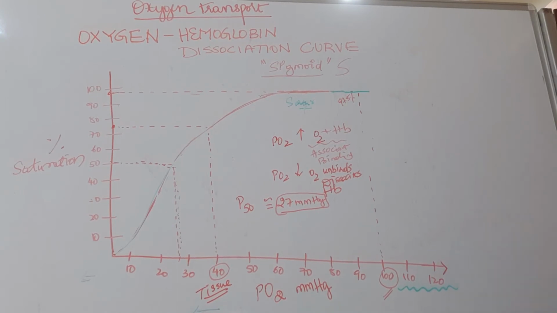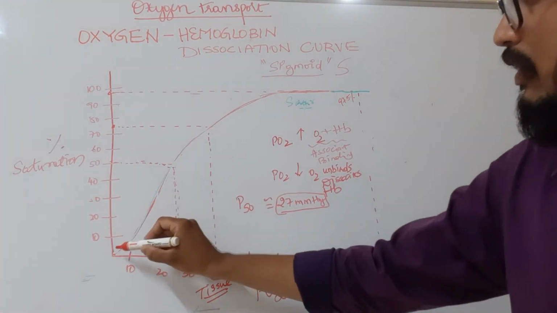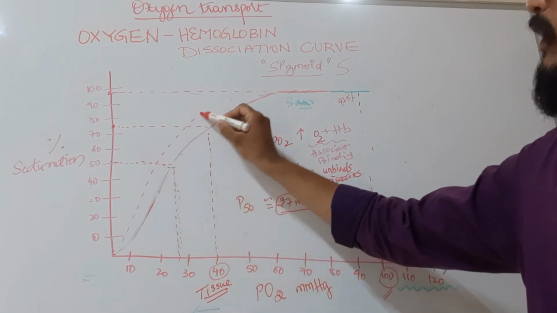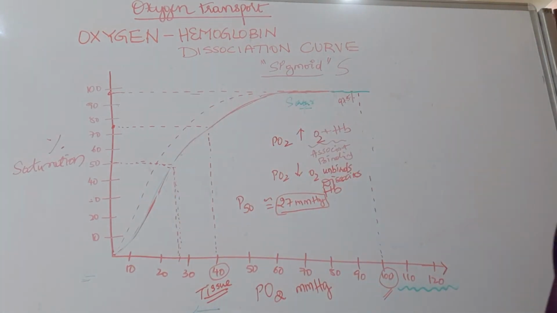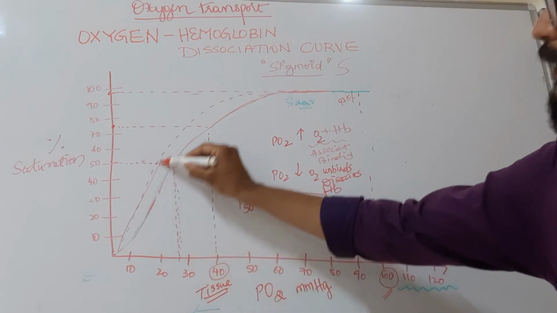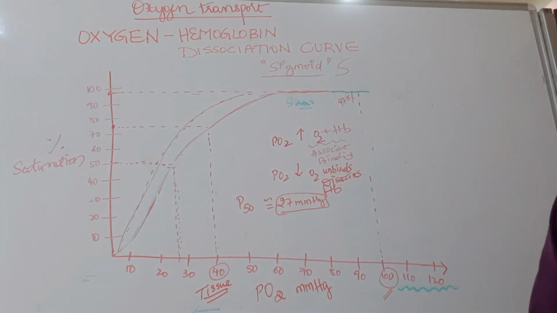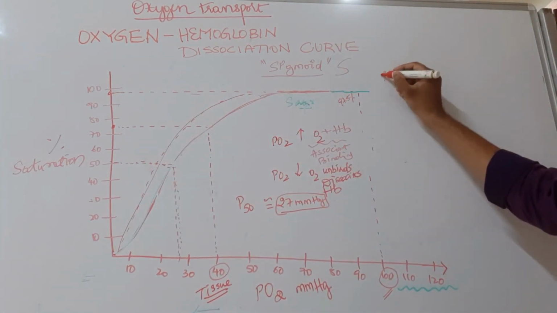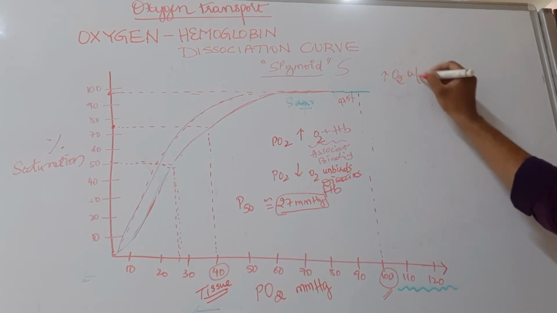Shift to left of the curve means, as you can see here, it increases the oxygen affinity.